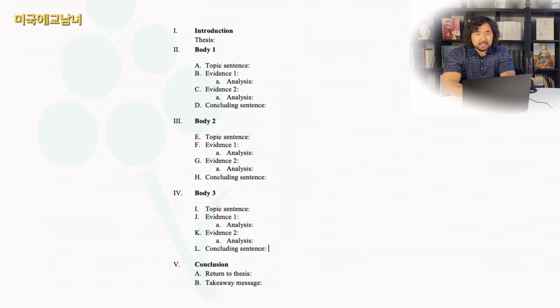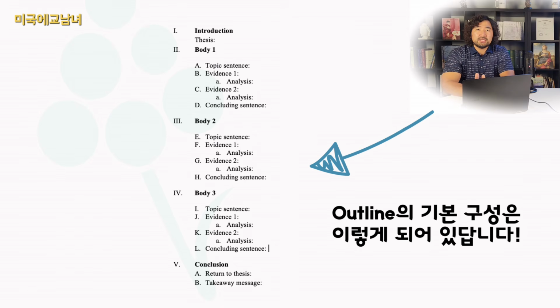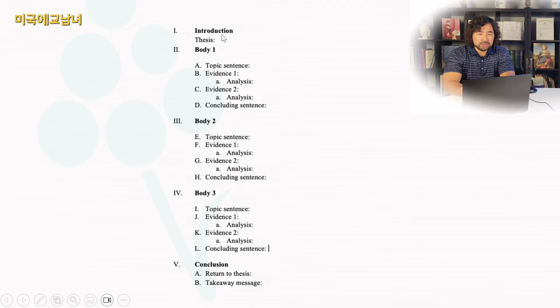As you can see, a typical essay or standardized essay consists of 5 different paragraphs. We have the introduction, body 1, body 2, body 3, and conclusion.